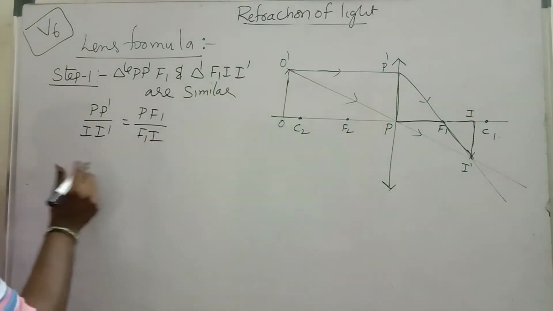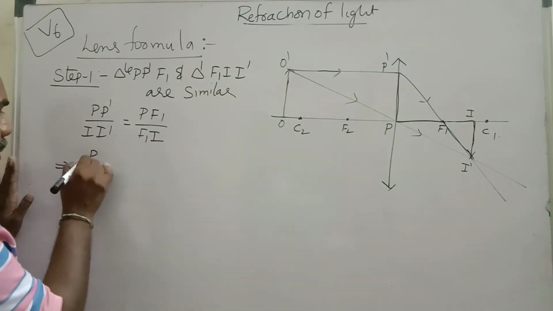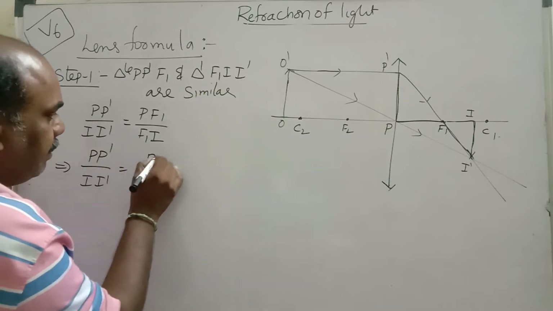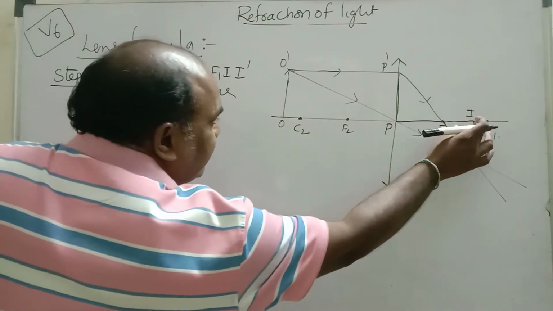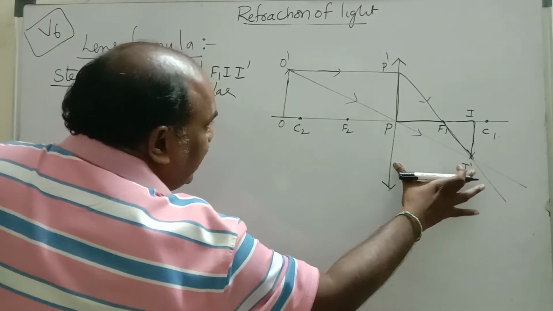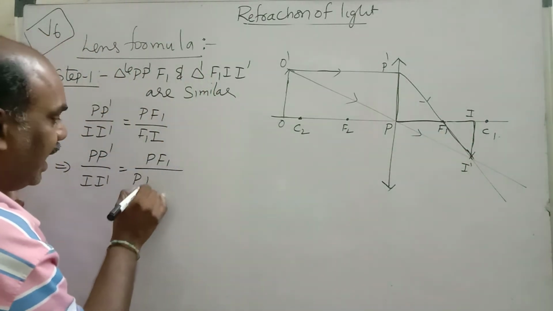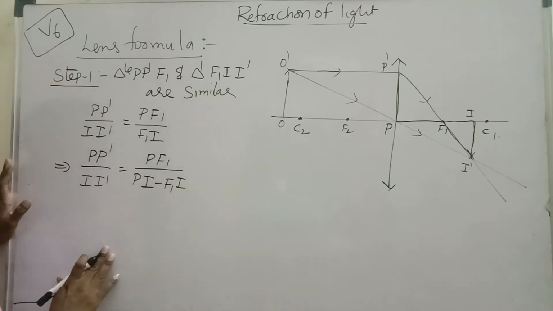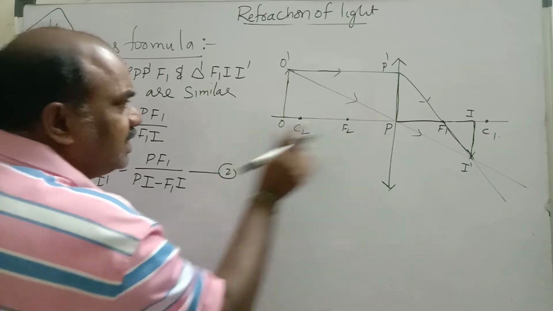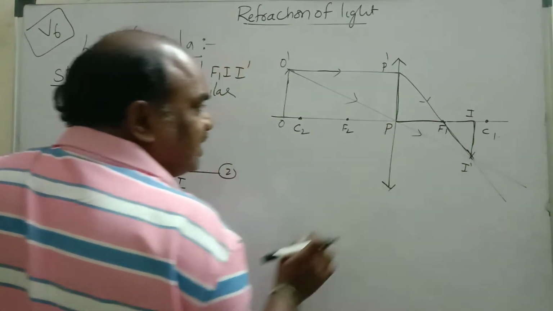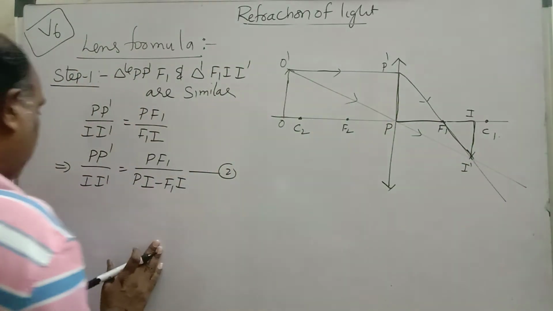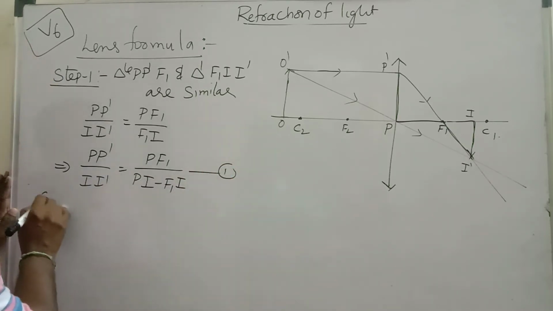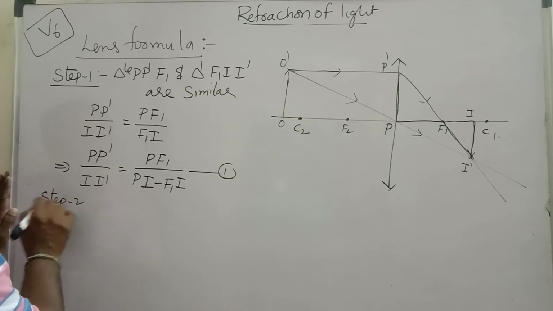So instead of F1I, in second step, P dash by I dash is equal to PF1 by, in place of F1I, I am going to write PI minus F1I. Any doubt? Total distance minus this distance gives the remaining distance. Understand? Now first step is completed. This is step 1, first equation. In step 2, I have another similar triangles.